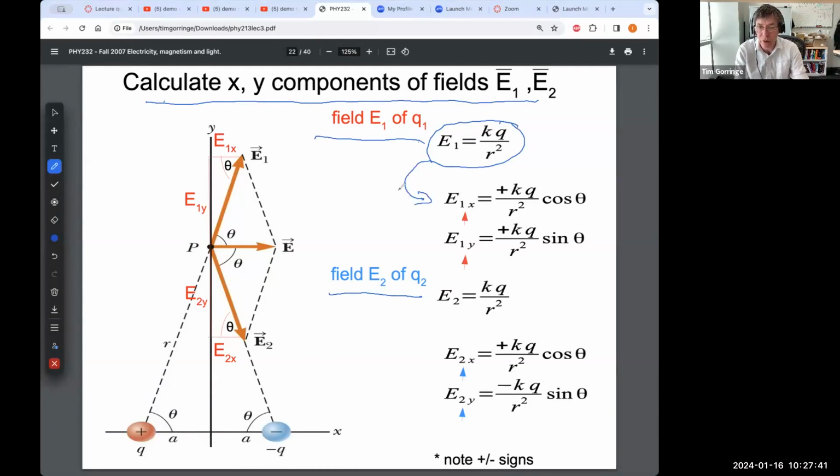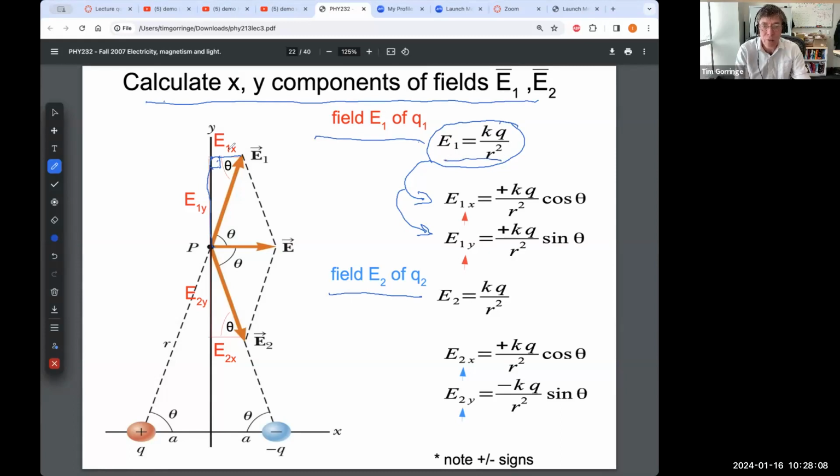If we want the components, if I want to picture the components, I pictured them here. That's the horizontal component, E1x. This is the vertical component, E1y. They represent the adjacent and opposite of a right-angled triangle whose hypotenuse is E1 itself, whose hypotenuse is this length.